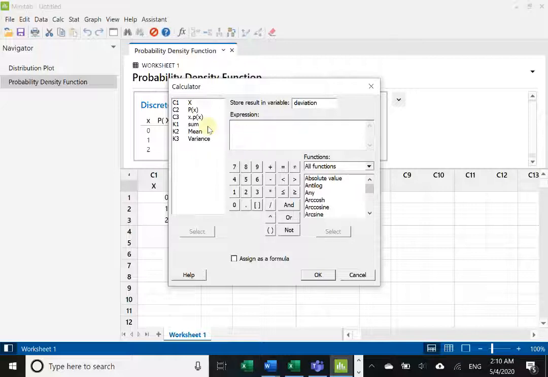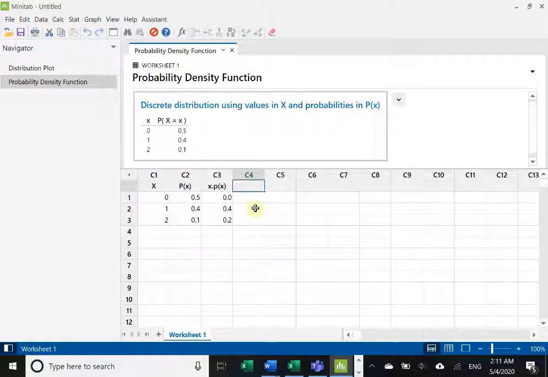Okay, delete that one. So what is a deviation? Actually, let me go back. Sorry. The reason is this: in order to do the variance, remember we have to know mu.